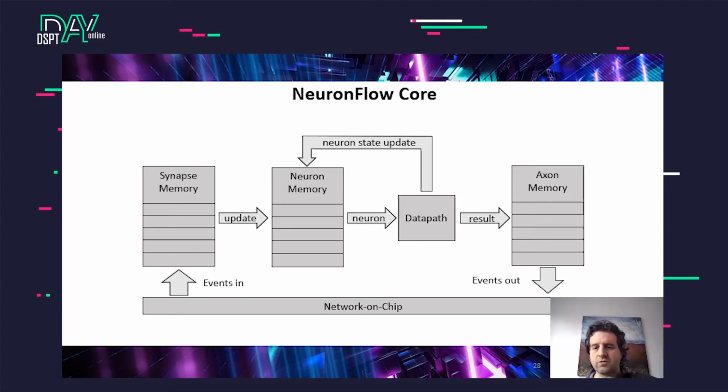You update all of these neurons by calculating their new states and writing back the state of each one. For each one of them, you also check if they go above their threshold for activation. If they do, this results in a value that is sent to an external memory that checks to which other processors these values have to be sent to be processed by the next layer. This is essentially the basic architecture of the Neuron Core, the NeuronFlow Core.